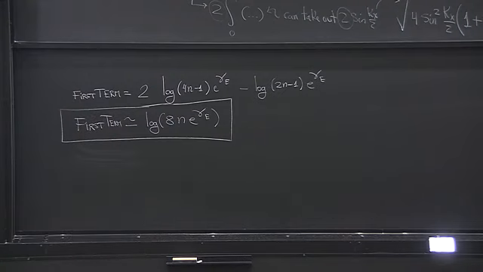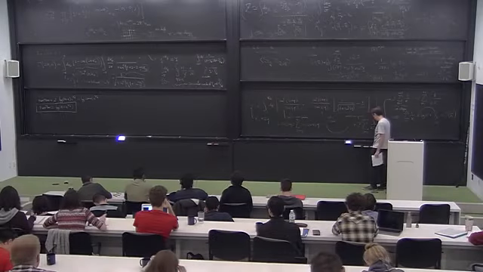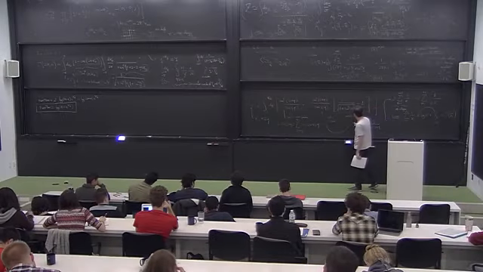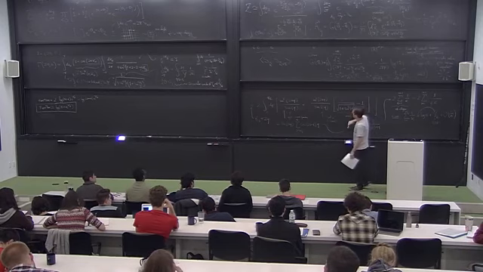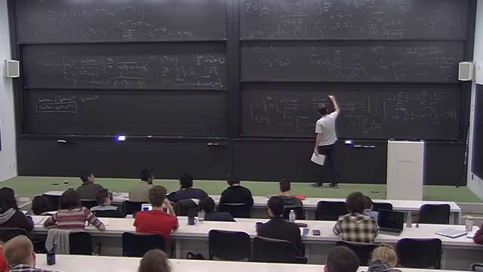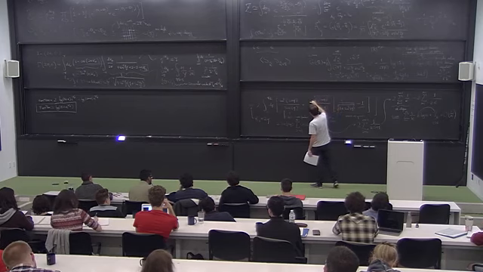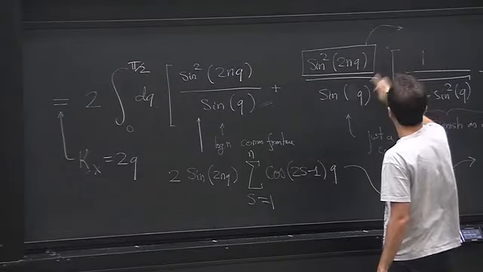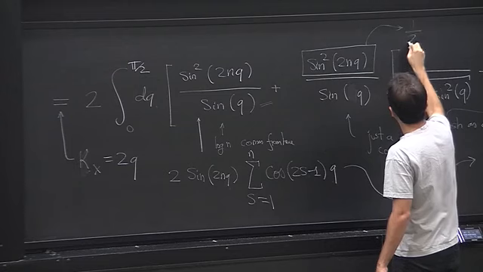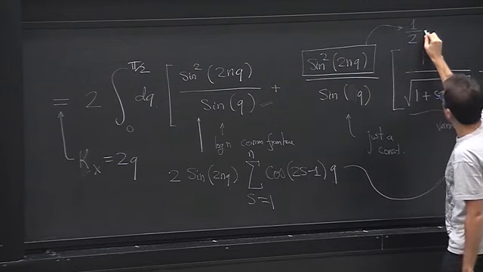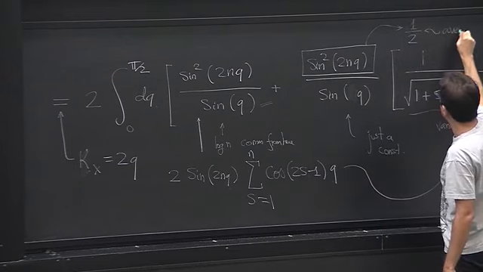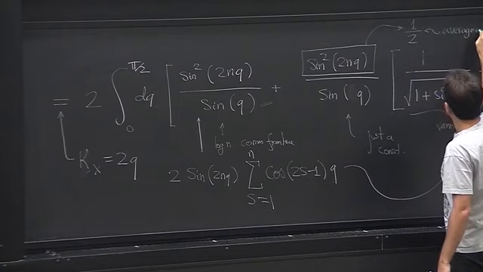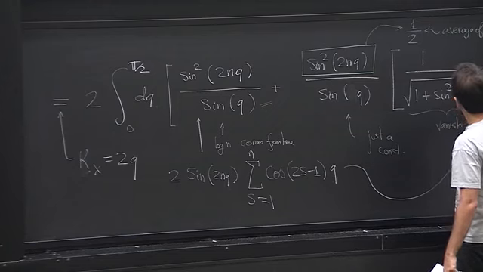What about the second term? So the second term, what we can do here is we notice that because this is regular, if I want to approximate the second term, the clever trick here is to notice that we can replace the sine square by 1/2, where this 1/2 is just the average of sine square.